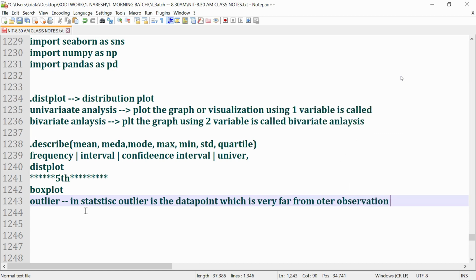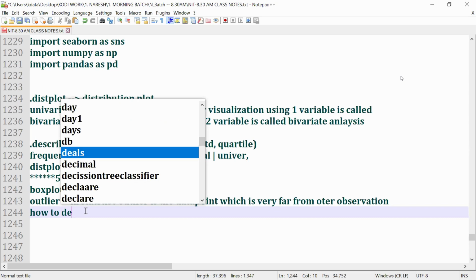So this is what your interview questions will be, guys. Do you understand? When you work on data analysis projects, they will ask you, what is meant by outlier? So you say an outlier is a data point which is very far from other observations.